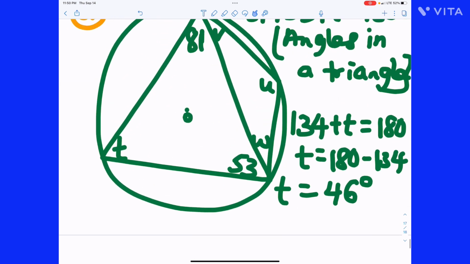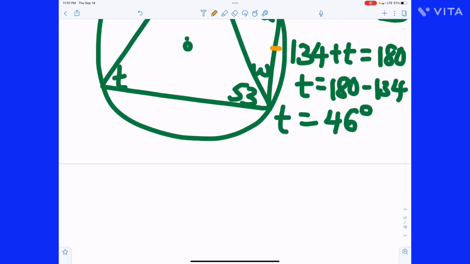Now, we are told that those two sides are equal.